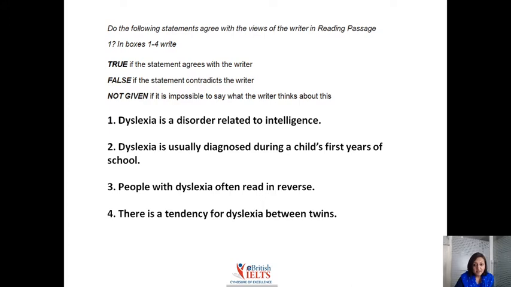Like I said in the beginning, you are not going to bring your knowledge on the topic to the reading. You'll have to go to the passage and see if the passage is corroborating this statement, which is dyslexia is a disorder related to intelligence. So in the case of question number 1, our keywords are going to be dyslexia and intelligence.